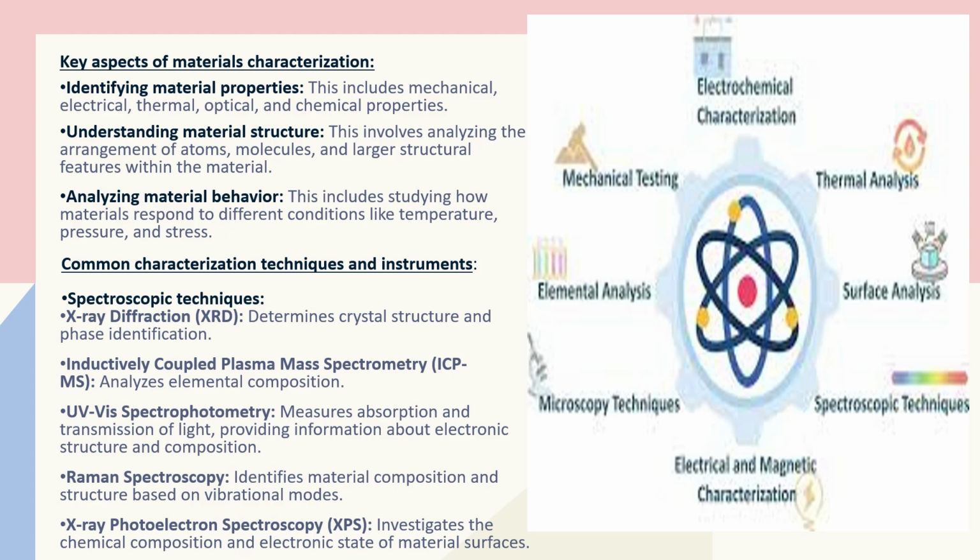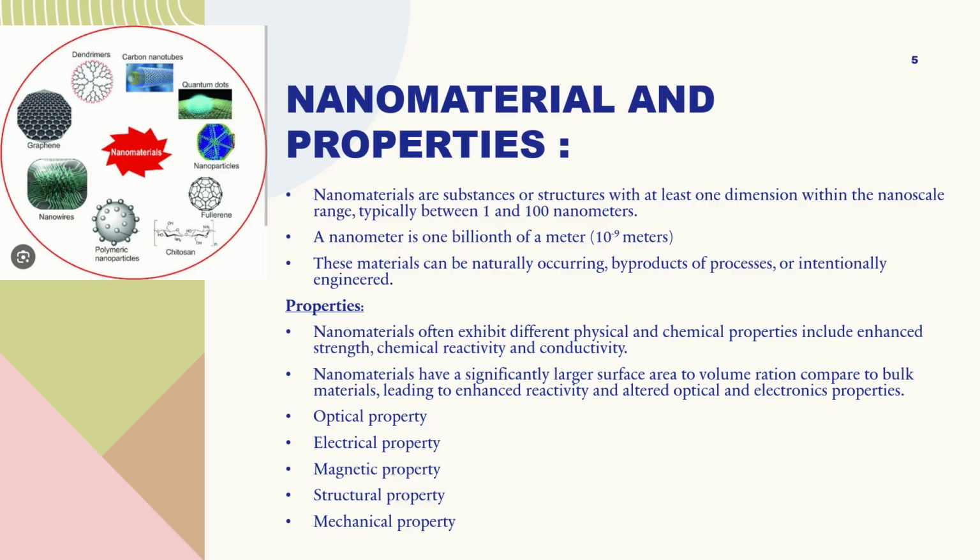So after knowing all this, our next topic is nanomaterial. The basic historical background of nanomaterials we can consider is, first of all, that nanomaterials we cannot see with our naked eye.